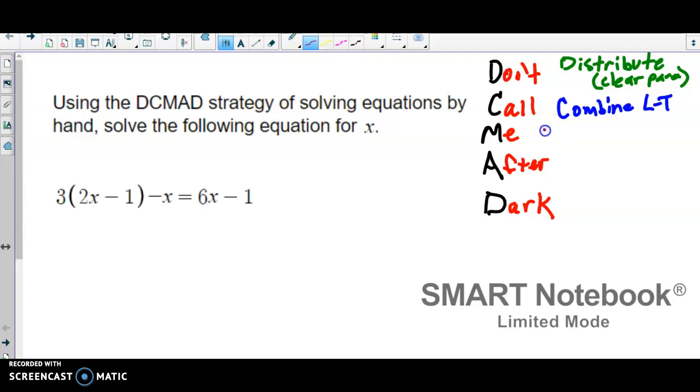Me is the move the variable. And then the After is the add or subtract the constant.